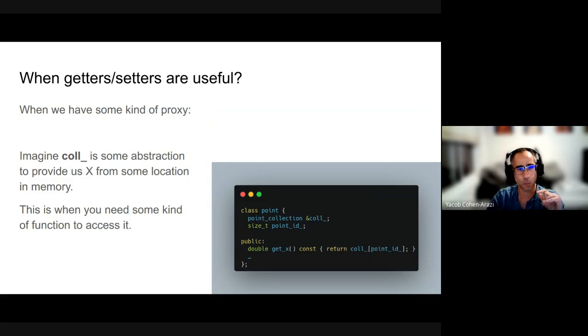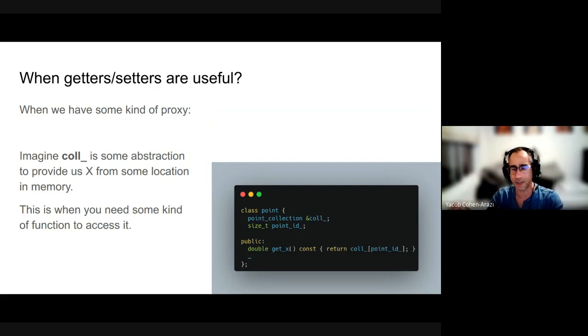The one use case where it is useful is when you don't have just a getter and setter simply returning something which you have as a member, but you have a getter and setter that are extracting something, maybe from memory, maybe from a database, maybe from somewhere else.